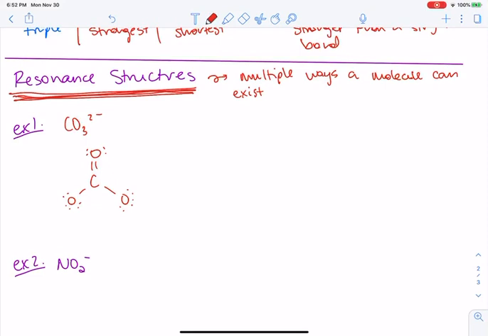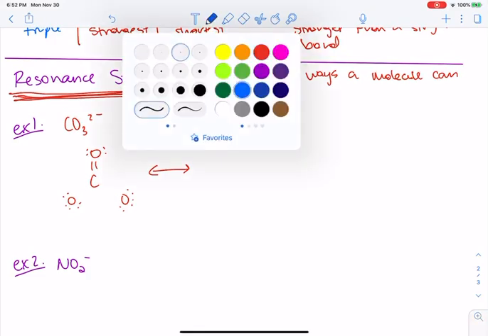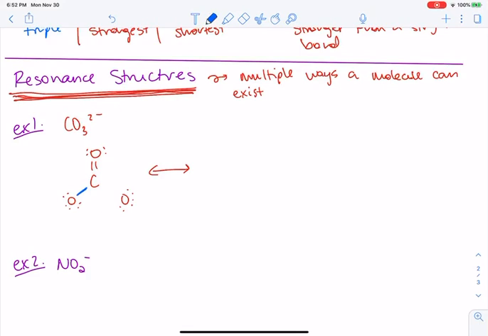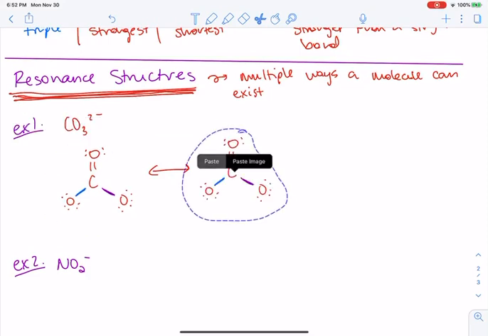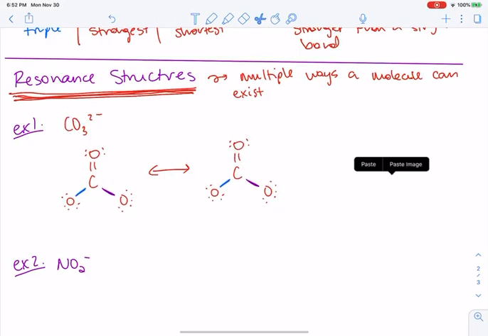right? What we can do for a resonance structure, and let me actually, we'll do this bond as blue, we'll do this bond as purple, we'll leave those up there as red. So what I can do for a resonance structure is actually have 3 of these here.